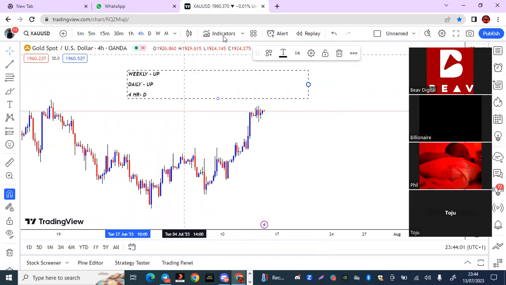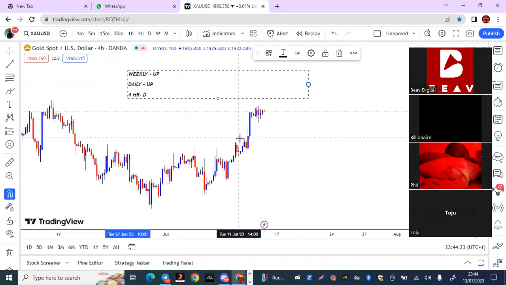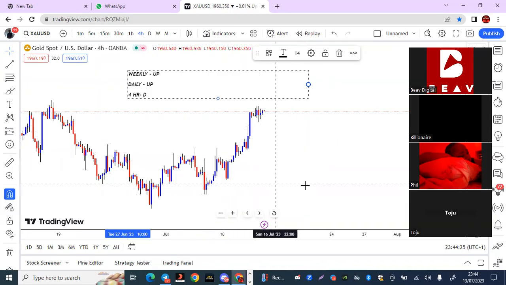So what we're going to do is wait for a daily demand zone, because we want to buy. The trend is up, market structure shows it's up. By the time you mark your chart on the 4-hour time frame, you look out for the daily demand zone. That daily demand zone is where you are going to look out to buy. Price is going to retrace to that daily demand zone, and you look out to buy so that it realigns with the higher time frame trend.